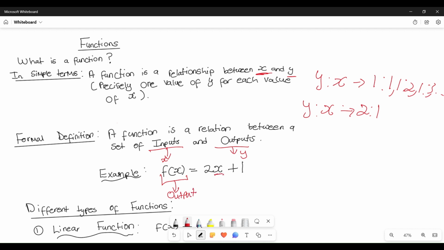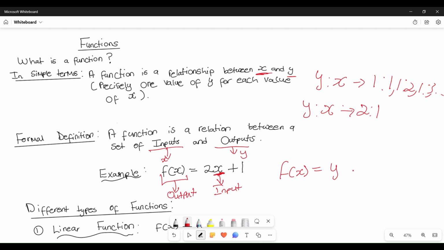Then x is our input. This f of x is in terms of x. So it means x is our input, then f of x is our output. Now f of x represents all y values, all sets of y values.